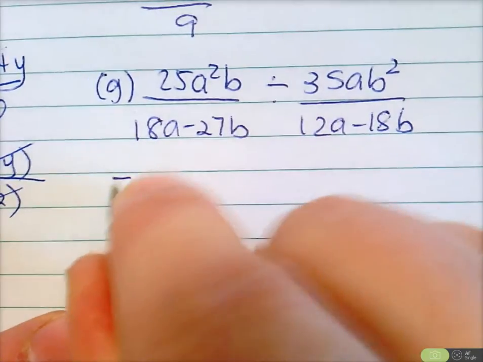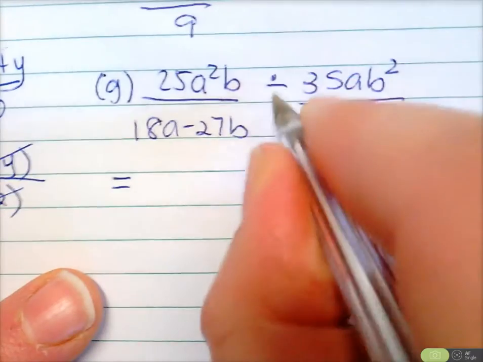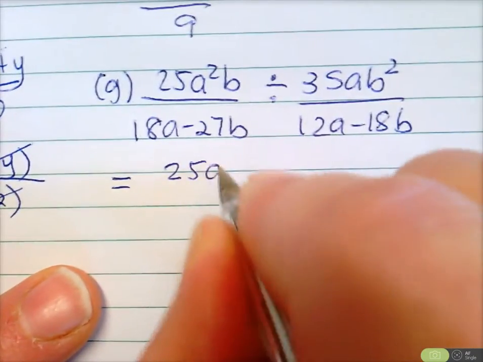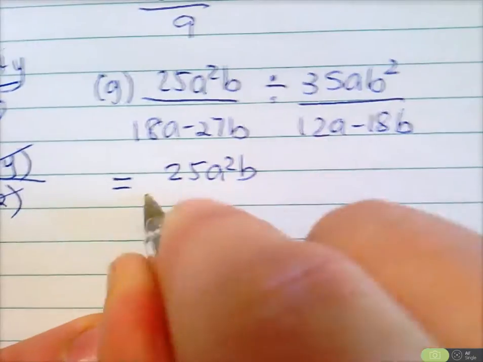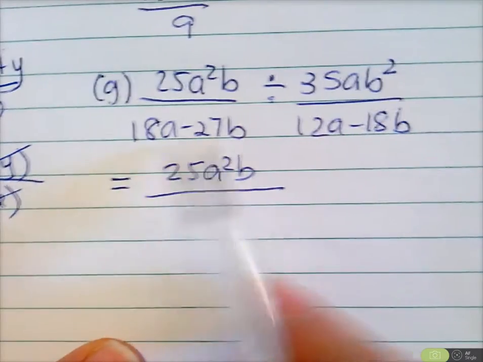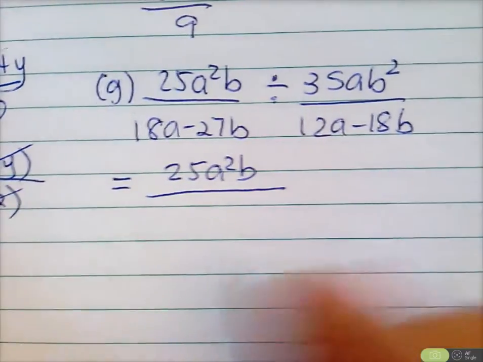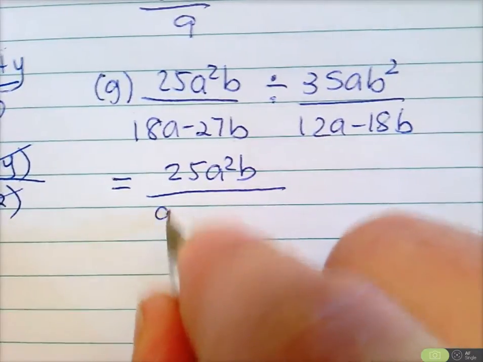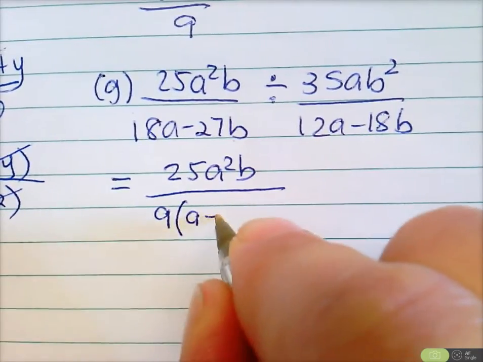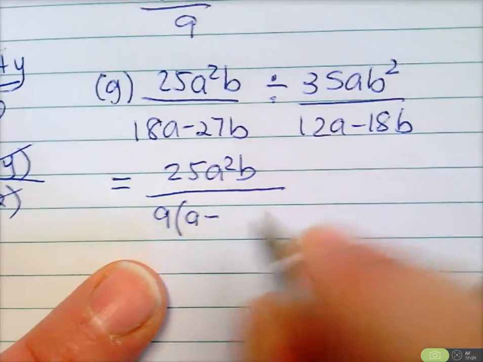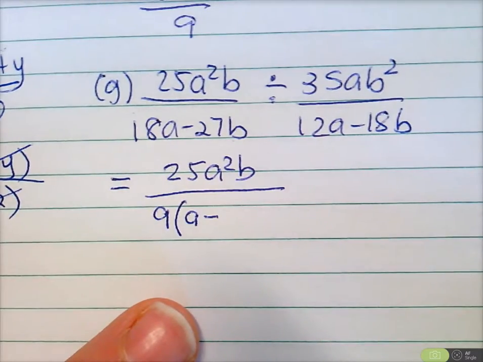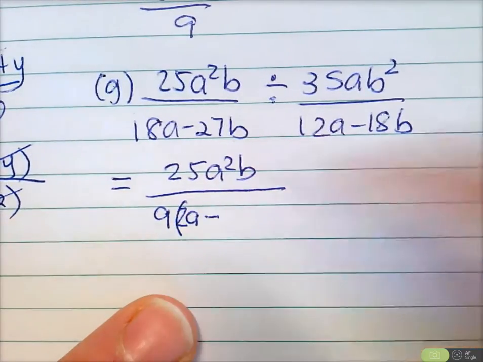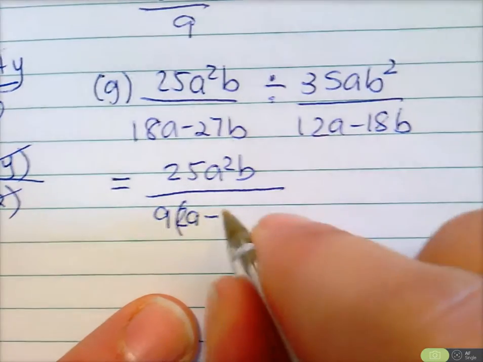This last one here, just to save writing, why don't we factorize and flip in one step? So what's the highest common factor of 18a and 27b? 9, bracket, a minus, it is 2a, thank you, 2a minus 3b.